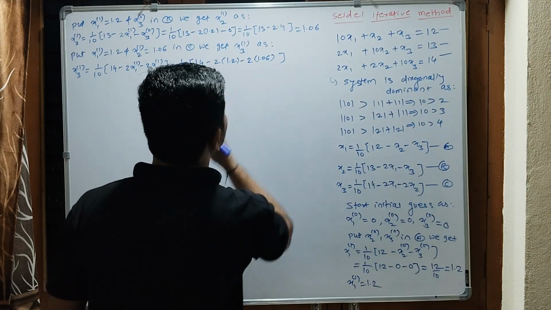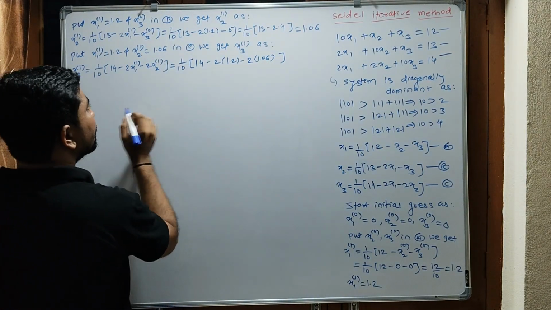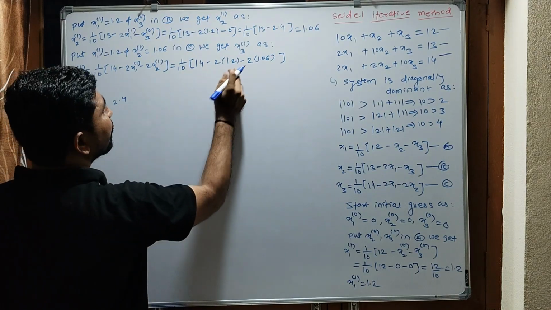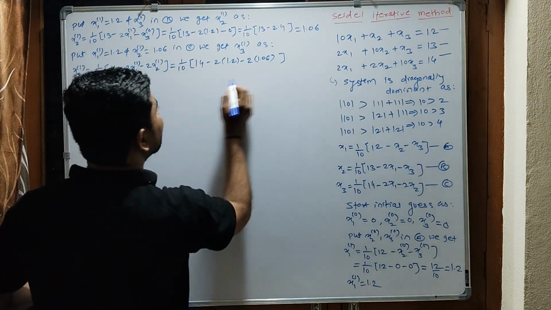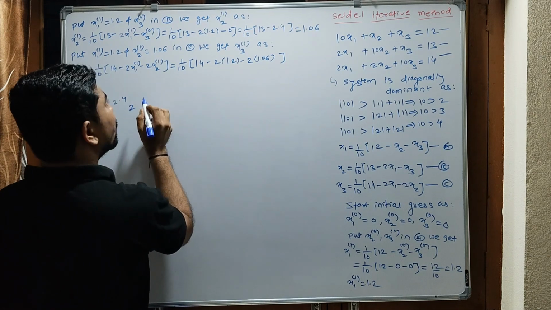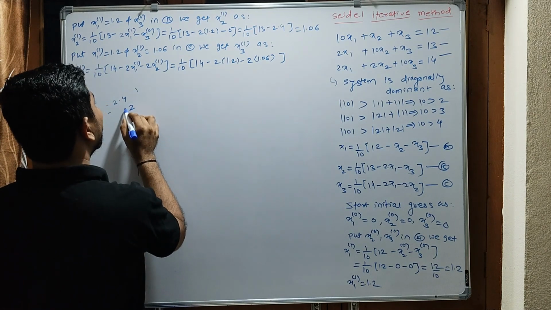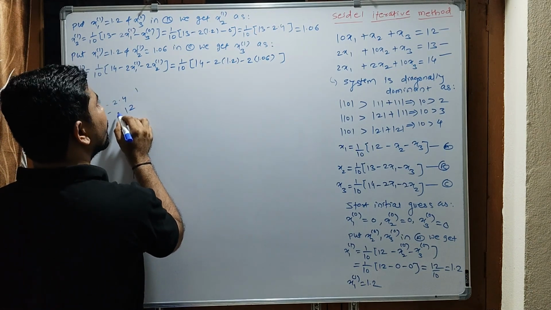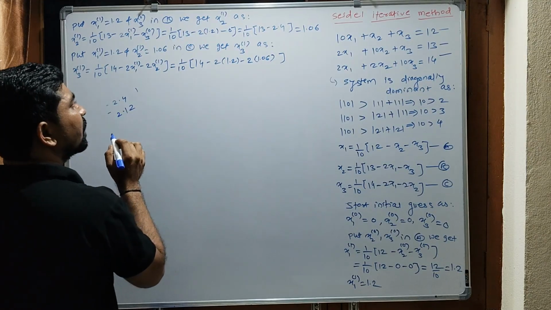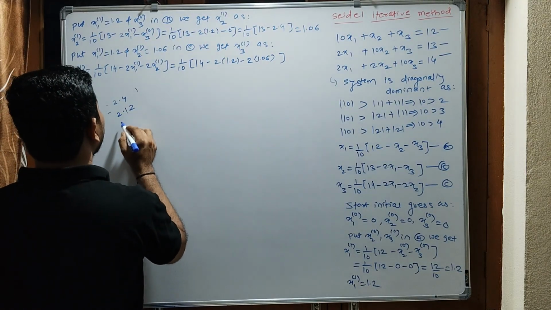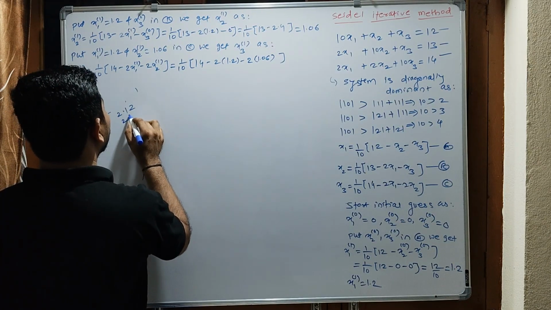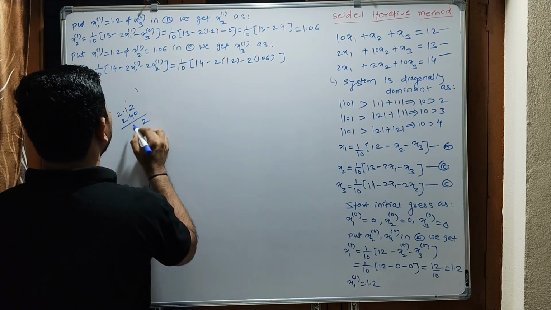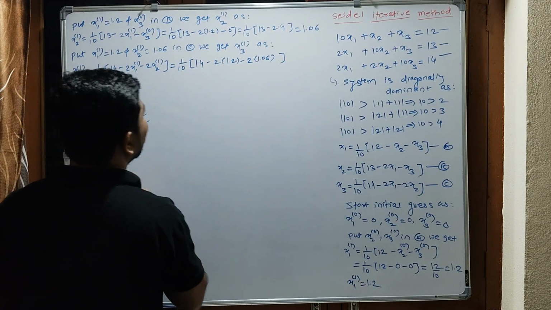2.12. So here just calculate first, this is 2.4 and this is 2.12. Just add: 2.4 plus 2.12 is 4.52.